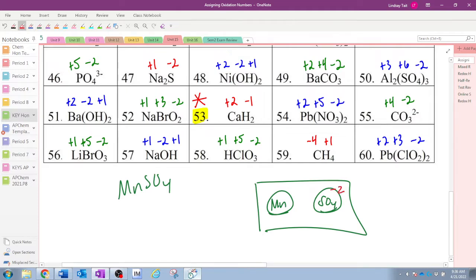If the sulfate is -2, what does the manganese have to be to make everything in the box add up to 0? +2. So that's how I figure out that the manganese is +2. Then I can separate, ignore this now, and say sulfur is X, oxygen is -2. But I had to use my concepts of polyatomic ions and how to write ionic compound formulas to figure out that the manganese was +2.